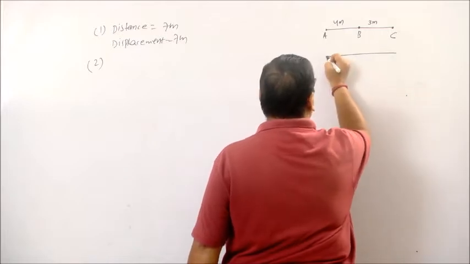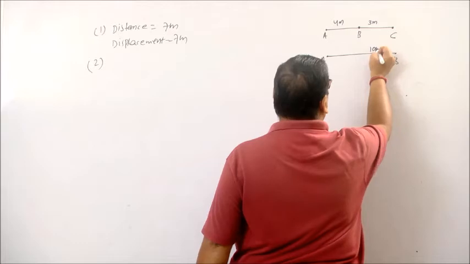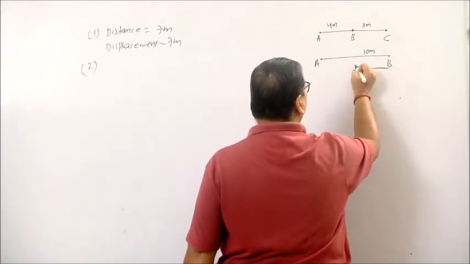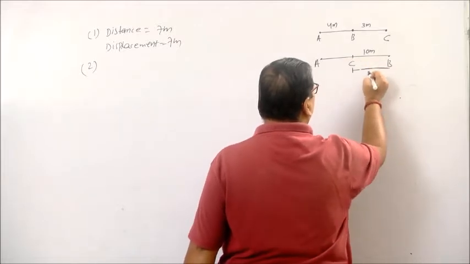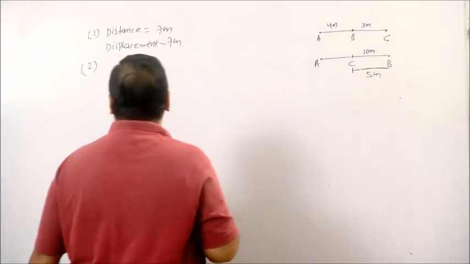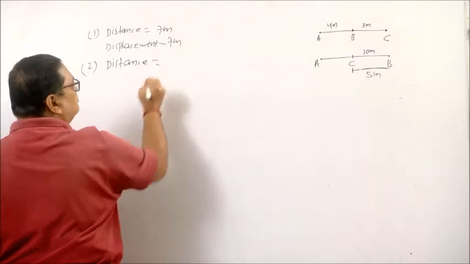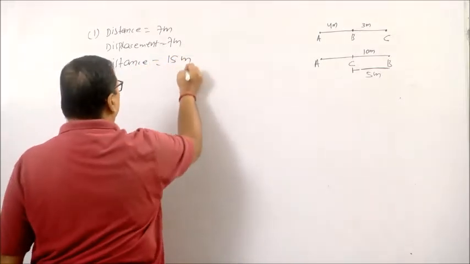Suppose a body is moving from A to B 10 meter, and again it is returning in the same path to point C, that is, suppose 5 meter. So what will be the distance? 10 meter plus 5 meter, that is 15 meter.